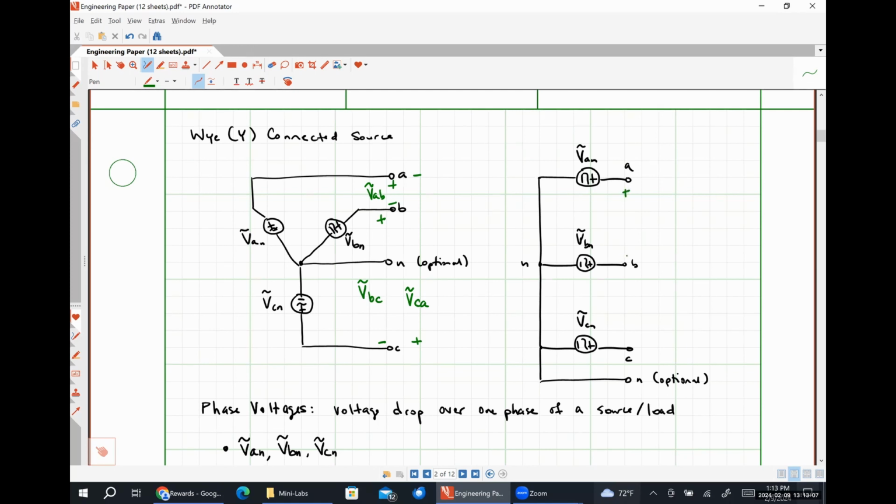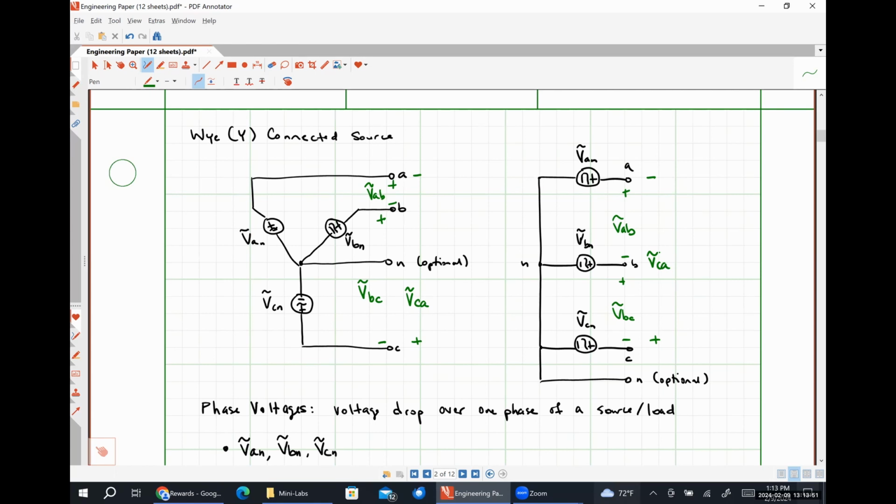On our alternative representation, we'd have VAB like so, VBC like so, and VCA like so. So in a Y-connected source, the phase voltages and the line voltages literally represent different quantities. But that's not always true, which is why things get quite confusing.